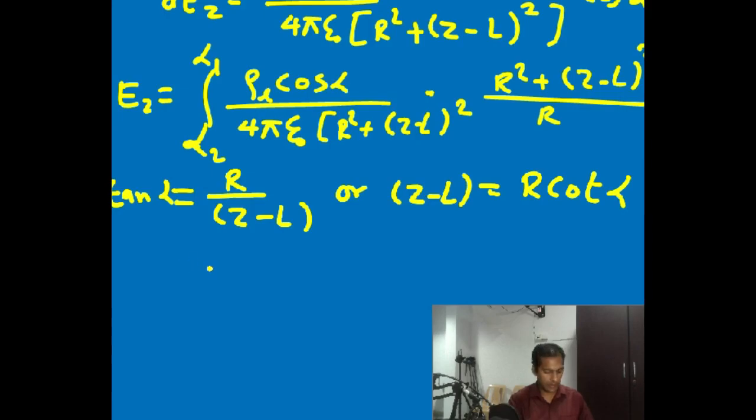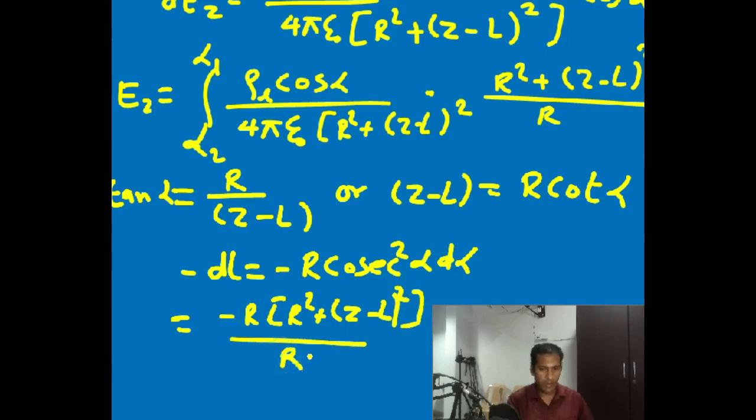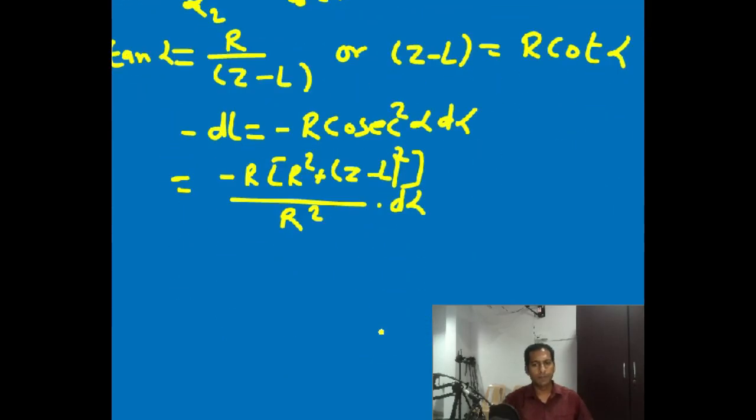So for this we have to change dL also. This dL will be equal to minus r cosec square alpha d alpha, equal to minus of r square plus z minus L square by r square into d alpha.